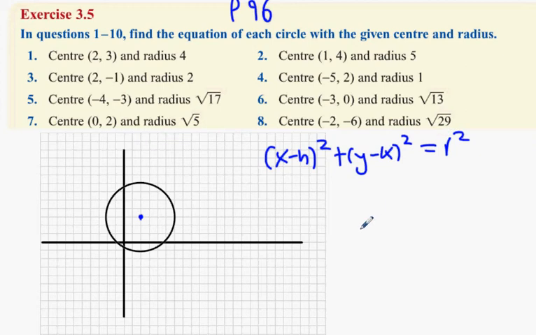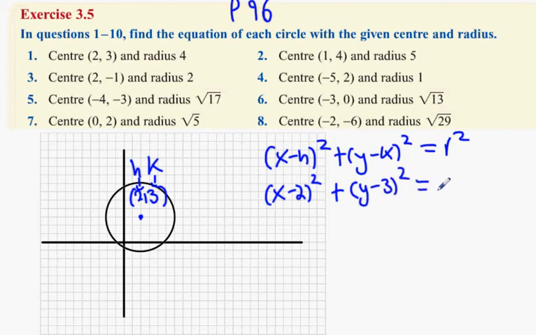Okay. So what we're going to do is this, guys. We're going to do 2, 3. That's h and that's k. So what we're going to do is (x minus 2) squared plus, see the way h is 2? And what's the k value? (y minus 3) squared equals, anybody? r squared, which is going to be, what's r?